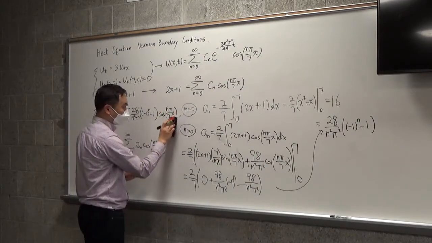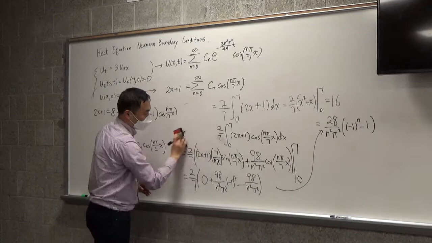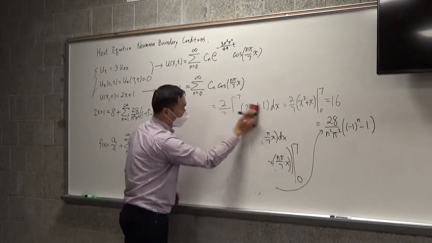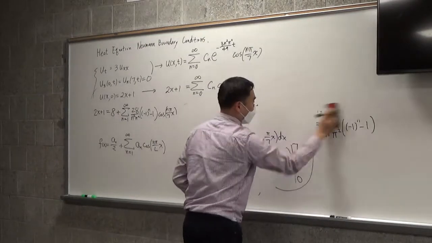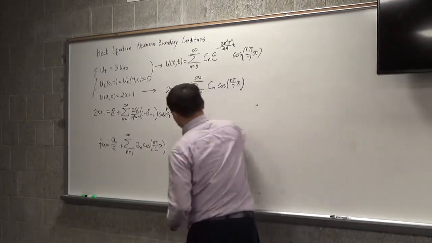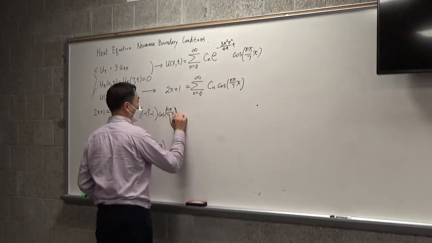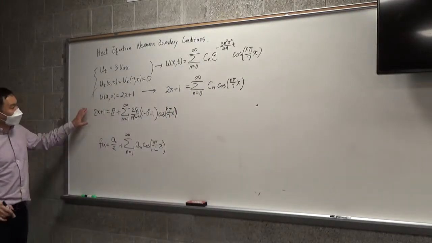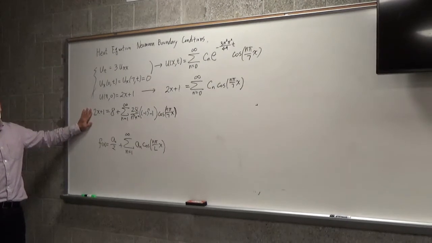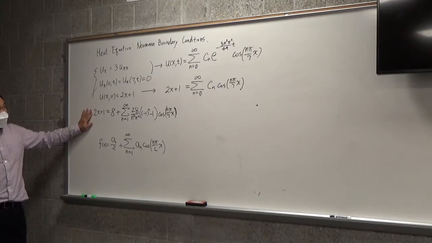So that one we erase. That's the identity we succeeded in getting by using the cosine formula.